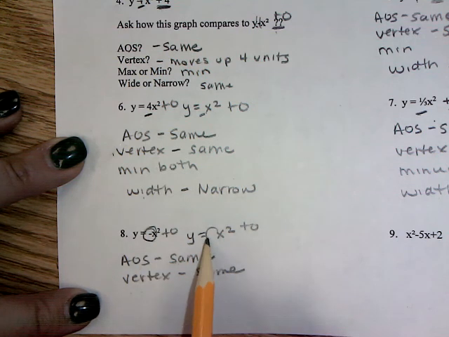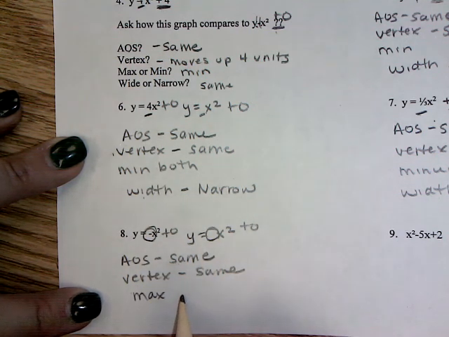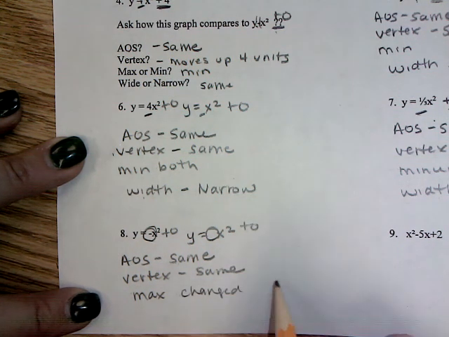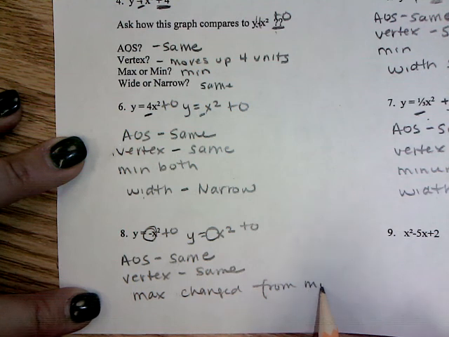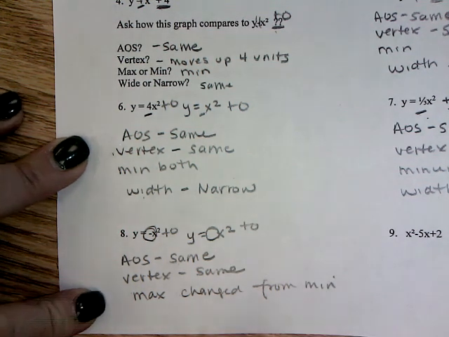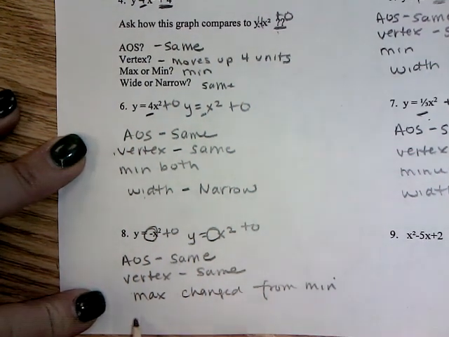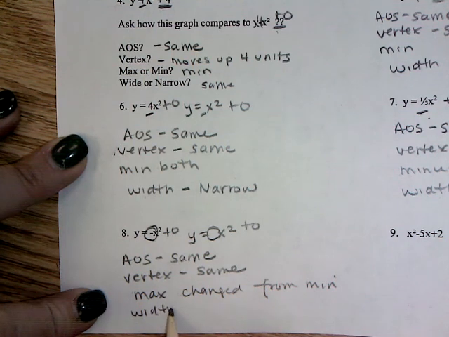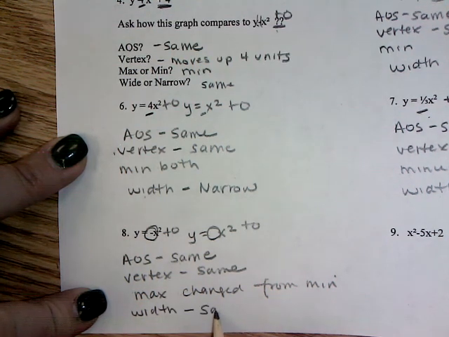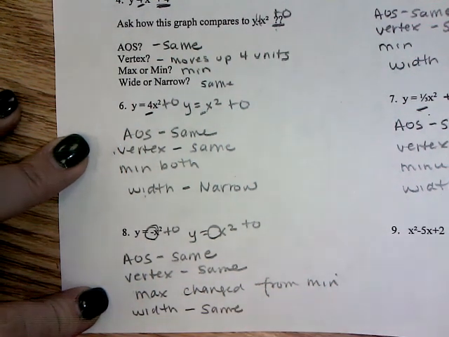This one is negative, this one is positive, so this is a max for this graph. So max changed from minimum. And then my width, they're both still whole numbers even though it's positive and negative, so it's still the same. The only thing the negative tells me is whether he's going to be a max or a min.